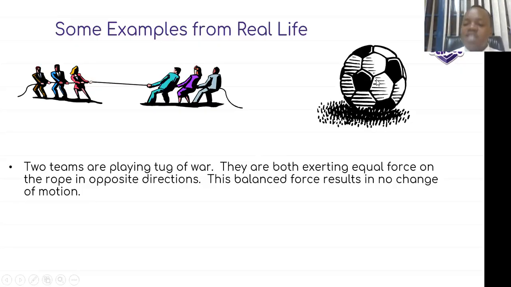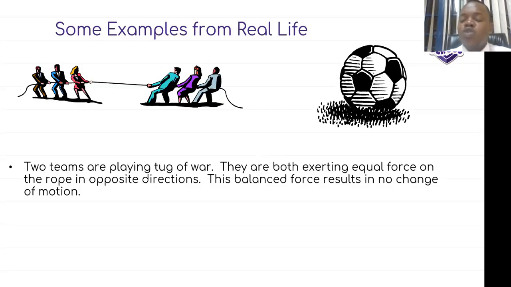To make this ball move, you need to come and kick the ball. When you kick the ball, you exert a net force on that particular object. And that is why the object will start to accelerate at that particular time when the net force was applied. So you actually have applied the force, and that force will be your net force.